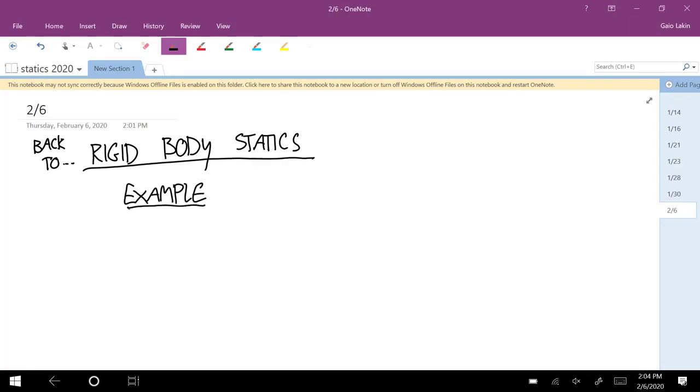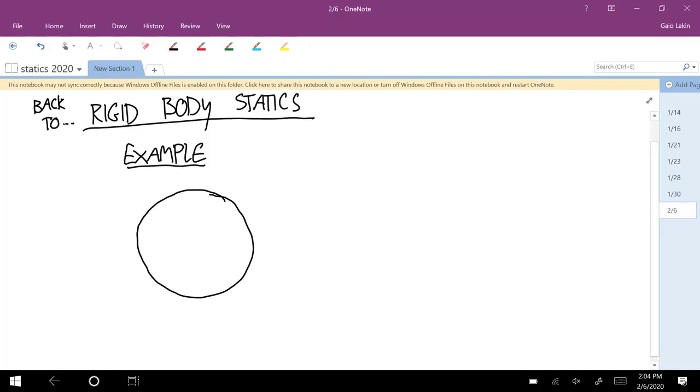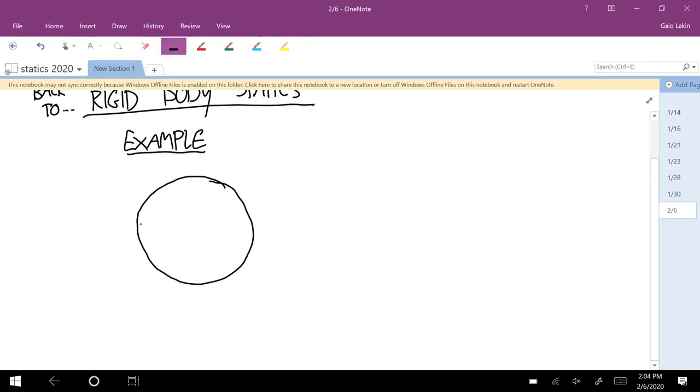let's say we have this body, a disk, and let's say that there's an unknown force over here, an unknown force vector. I'll call this force vector F1. And then over on the other side, let's say there's a force with a known direction.